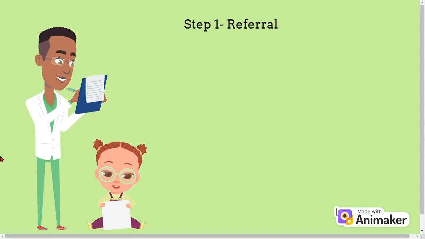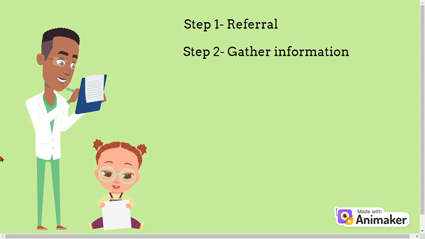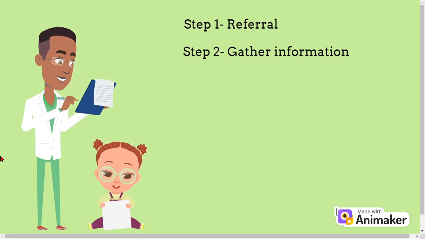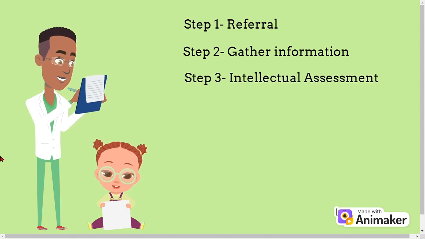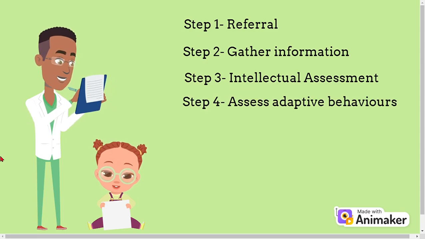Next, the evaluator gathers information about the child's development, medical history, and behavior patterns. The child then undergoes a series of standardized tests that measure skills such as reasoning, problem solving, memory, and learning abilities. After this, the child's adaptive behavior is assessed through interviews, observations, and tests that look at how well the child can function in daily life compared to children of the same age.